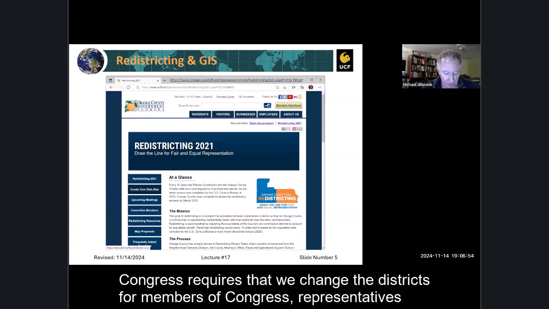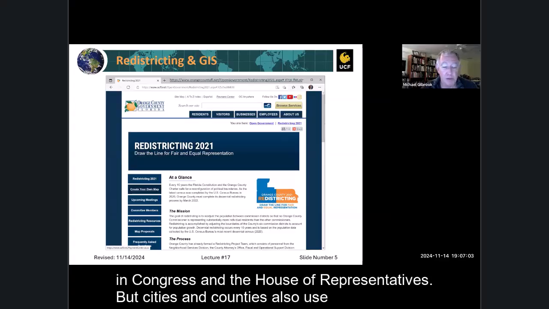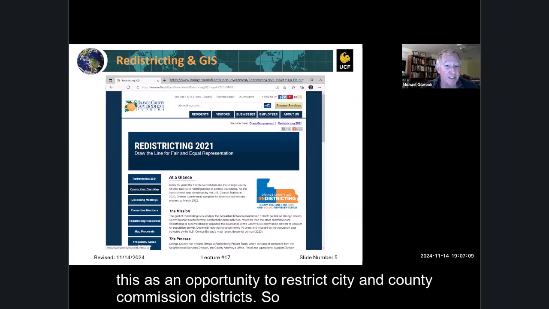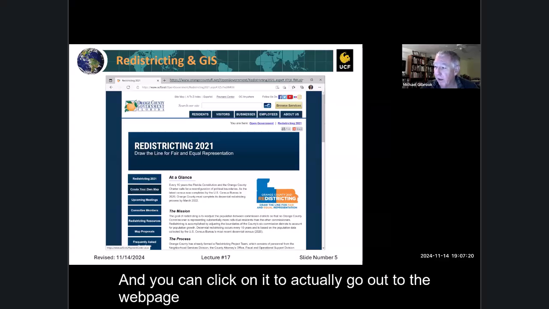Congress requires that we change the districts for representatives in the House of Representatives. But cities and counties also use this as an opportunity to redistrict city and county commission districts. So here is an example of the redistricting process that was done in Orange County in 2021.